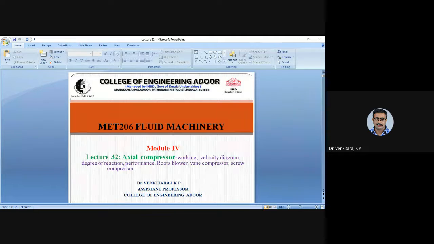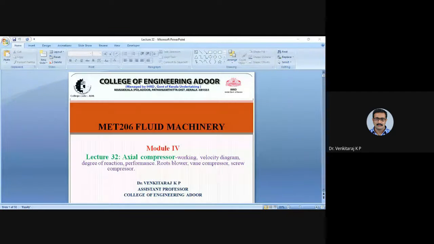Okay, today we will see a few topics remaining in the fourth unit. The topics that we will complete today are the axial compressor.